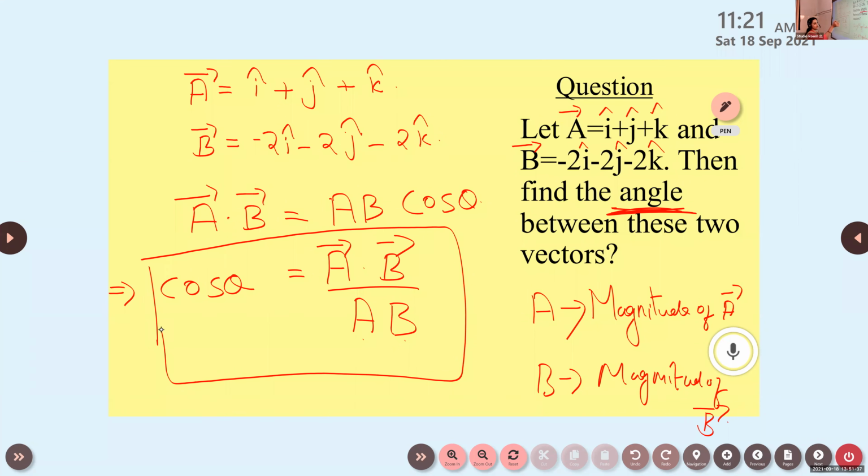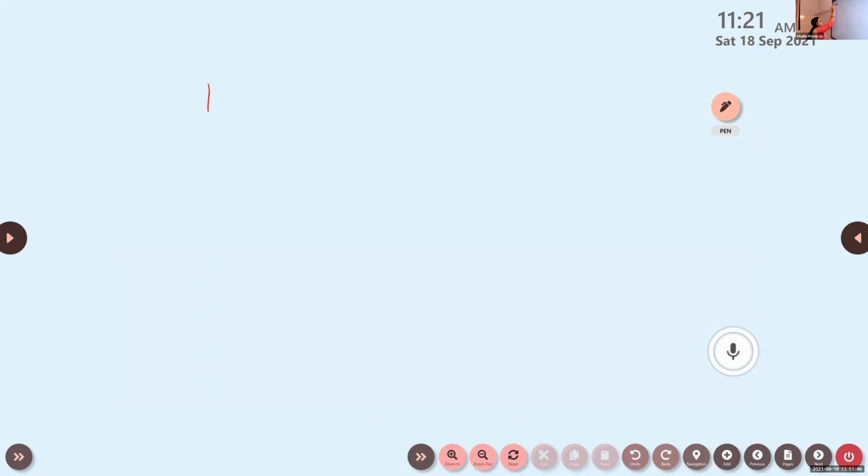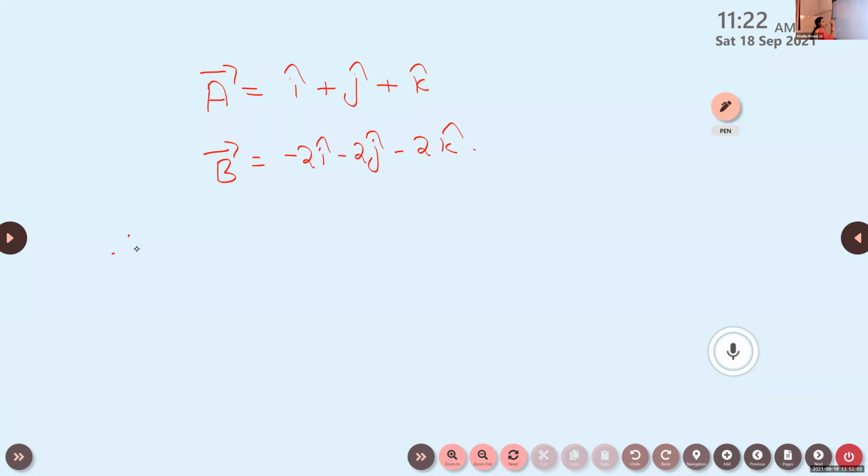So first find the numerator, vector A dot B. Here vector A is given, vector B is given. Vector A is equal to i cap plus j cap plus k cap. Vector B is equal to minus 2 i cap, minus 2 j cap, minus 2 k cap. Therefore, vector A dot vector B: what is the general equation?